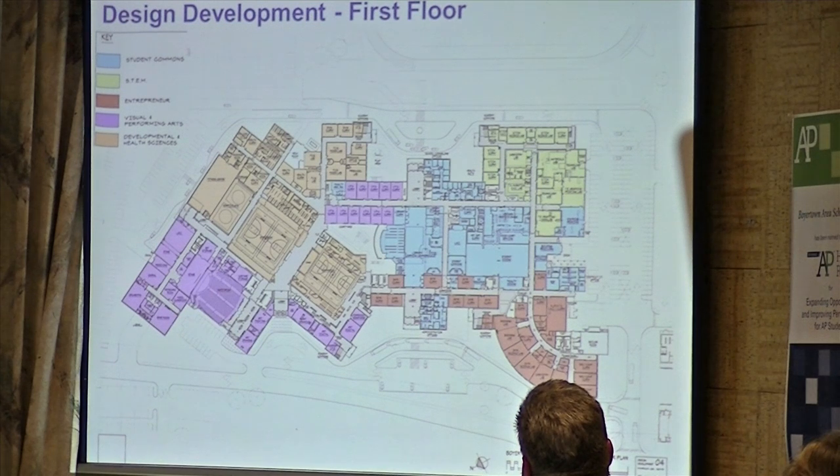And we addressed each of the academic areas with your administration and with your teachers and your staff as to how that would function educationally. So the design was driven from that purpose.